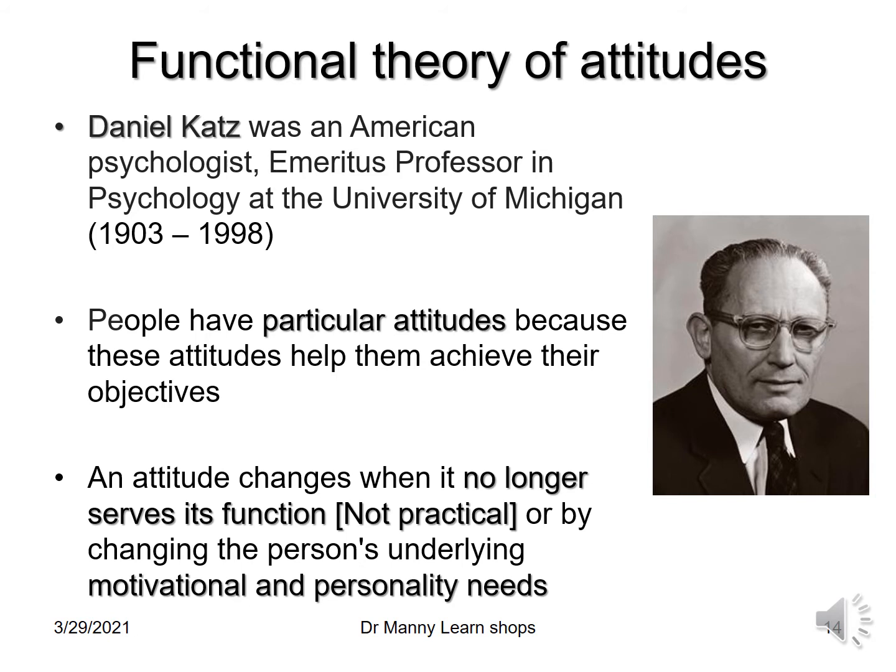And he takes the view that attitudes are determined by the functions they serve for us. People hold given attitudes because these attitudes help them to achieve their basic goals. Now, Katz was an American psychologist, a professor. And his point was that people have particular attitudes because these attitudes help them achieve their objectives.